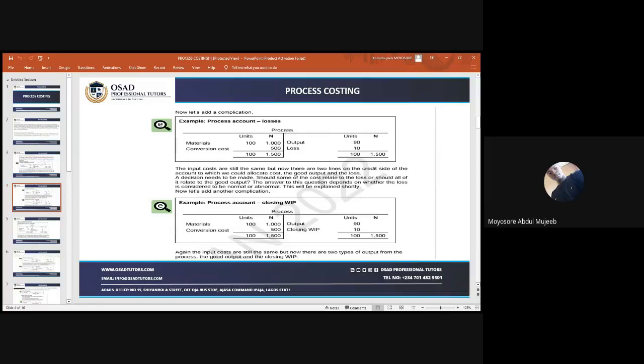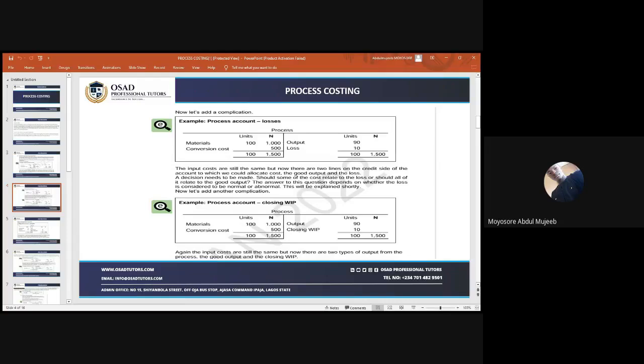The loss, is it a normal loss or an abnormal loss? A normal loss is that loss that no matter what you do is bound to happen. Even if you do everything right in the production process, it will still happen. But an abnormal loss is one in which you are doing something wrong.